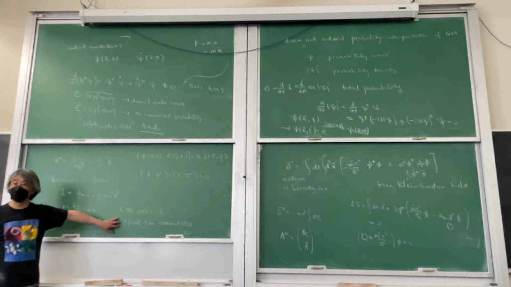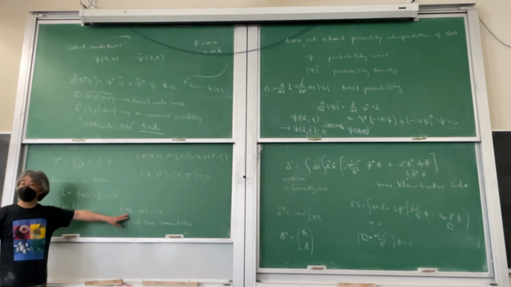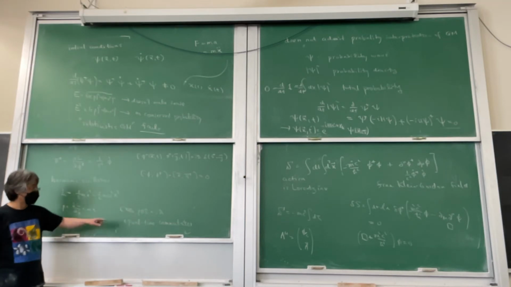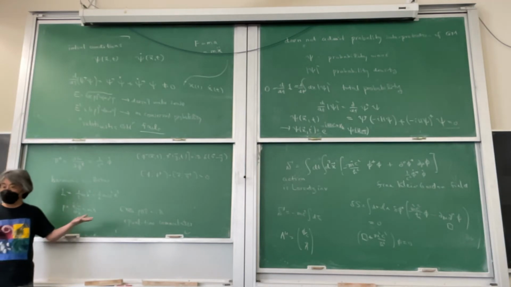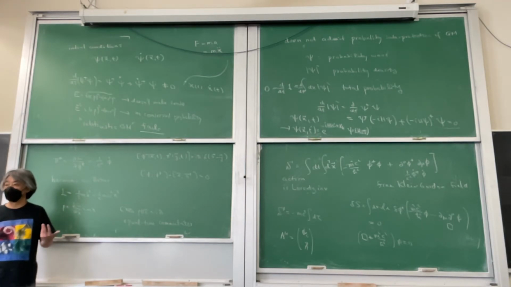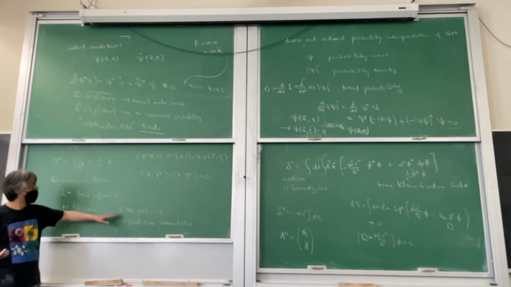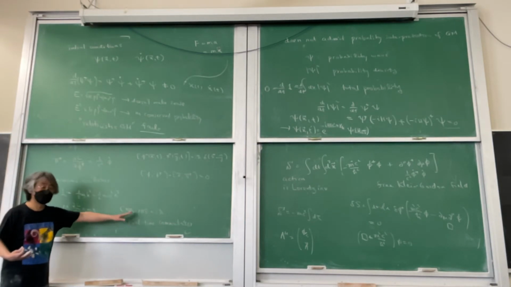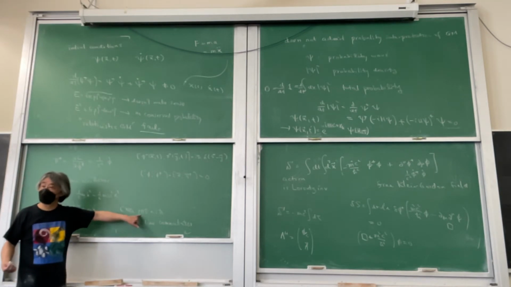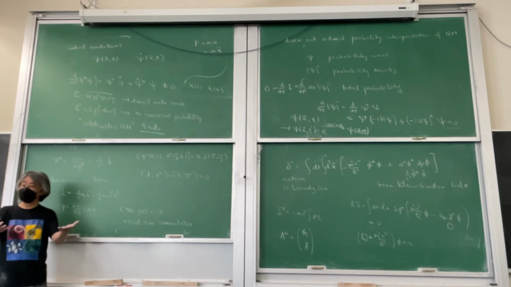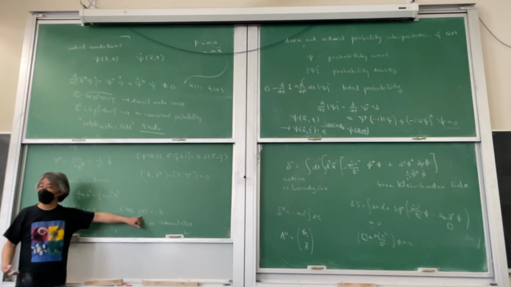Normally you don't talk about this because normally you're working in a picture where operators don't depend on time. But if you're talking about time-dependent operators, then you are using the Heisenberg picture. In a Heisenberg picture, x and p change over time. So when you set up this commutation relation, you need to specify what time you are referring to.